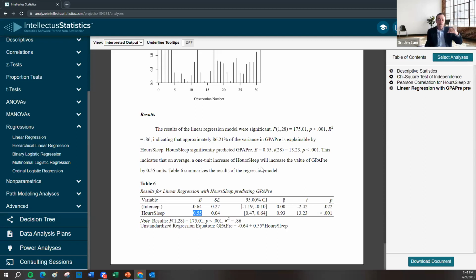When we increase sleep by 1 hour on average, GPA pre will increase by 0.55 units. So if you get an extra hour of sleep, you'll increase your GPA by about a half a grade or so. All right, so that's the regression, simple regression.